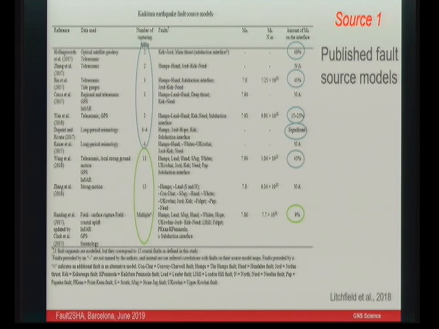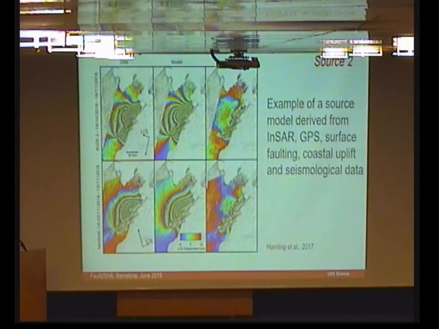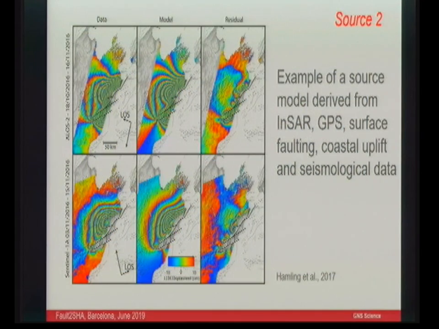And by then they needed to have, in the model at least, 11, 12, 13 faults in the model to fit the composite focal mechanism.